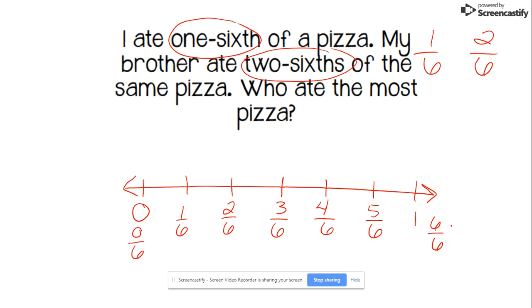Remember that that whole number 1 is equal to the fraction that has the same number on the top and bottom. So I'm going to plot both of these fractions on my number line, 1/6 and 2/6.